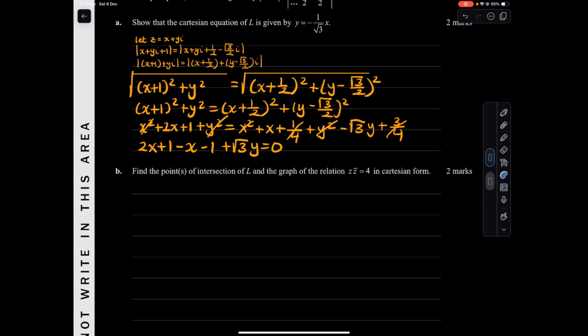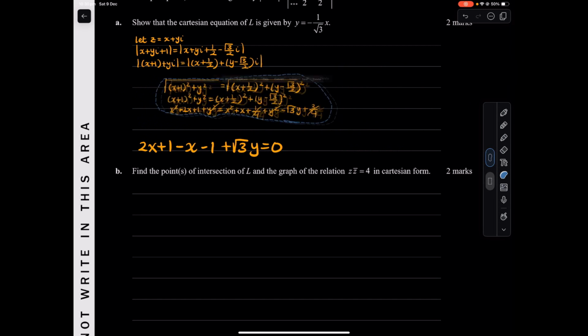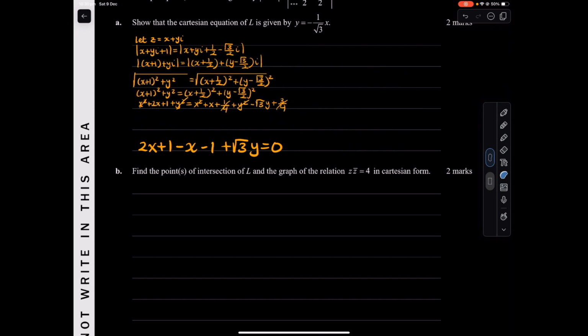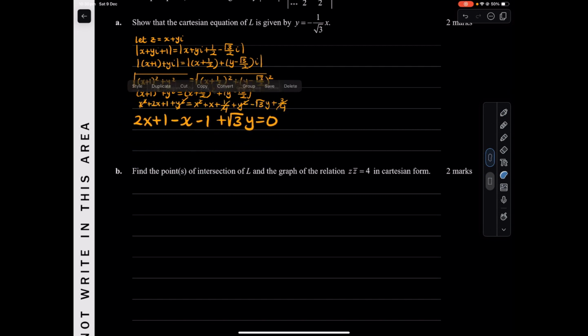Now I can make this a little smaller too to fit that in. We are nearly done. You have this expression, and then we just solve for y. This becomes x, those ones cancel out, plus root 3y equals 0.